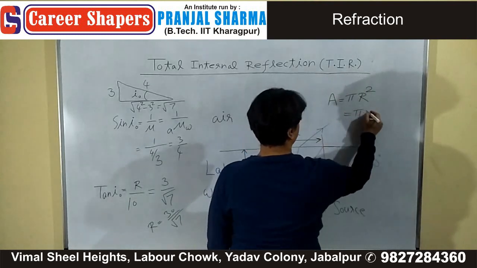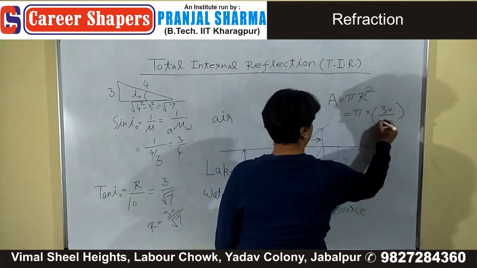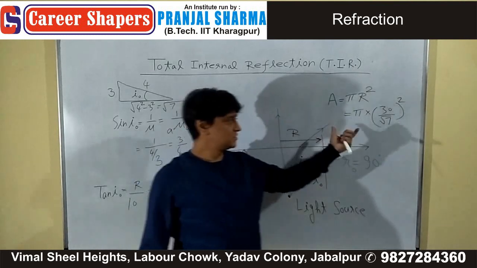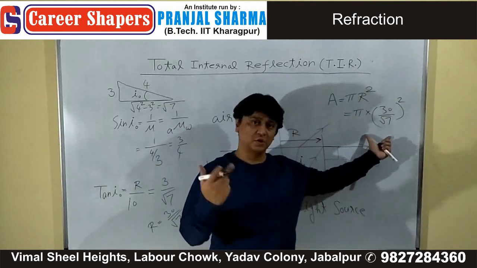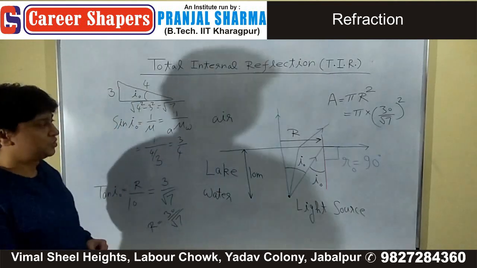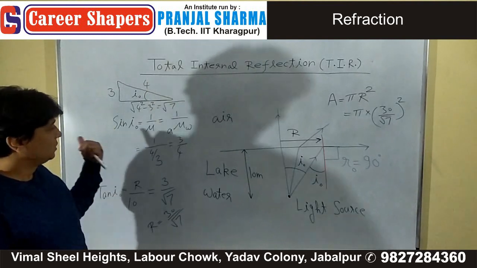Pi multiplied by 30 upon root 7 square. That's the area from which light rays are coming out. A simple question based on total internal reflection. Note down this.